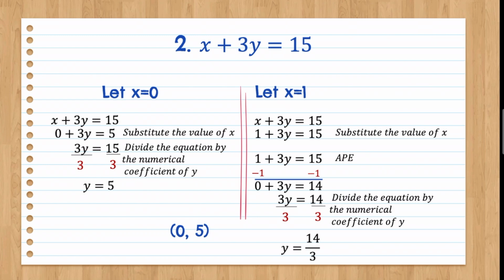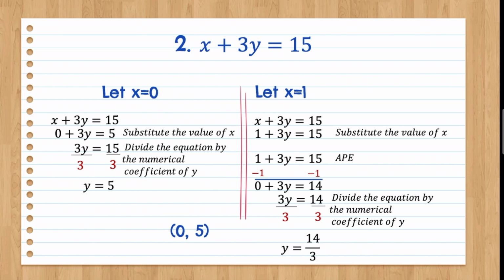So, yung 14 over 3, you can convert it into decimal or into mixed number. Pwede naman doon sa dalawa. So, if you will be converting it into decimal, you just divide 14 by 3. So, that is just 4.66666. Repeating yung 6. So, 4.7 will do.